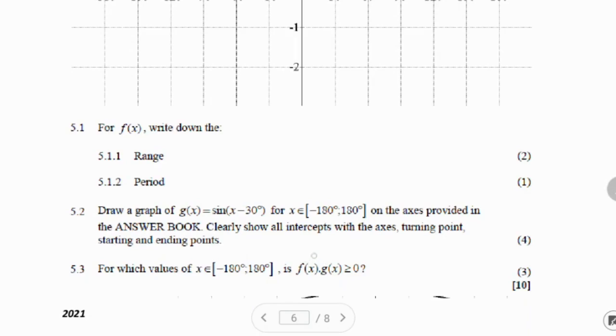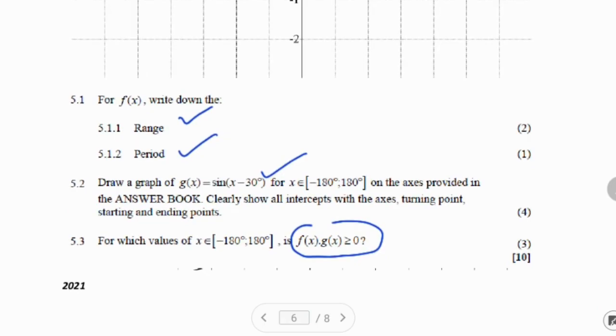That will be the same question here. With the others, you know how to find the range and the period by now. You would know how to draw that graph between minus 180 and 180 by using the table method on your calculator. And then once they are drawn, again, you're going to check what will be the product of the 2 graphs.